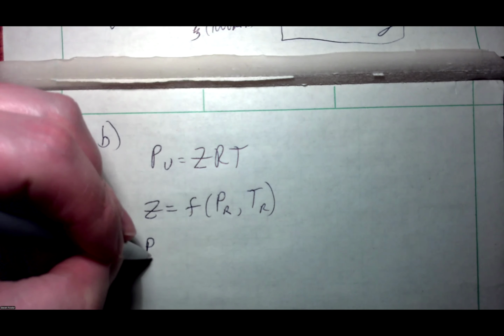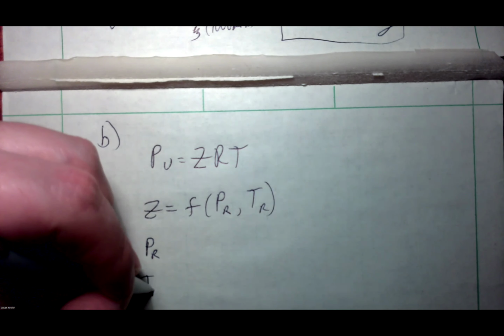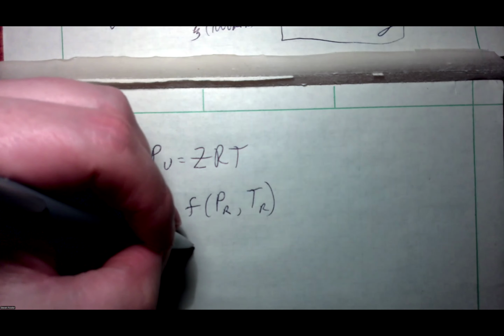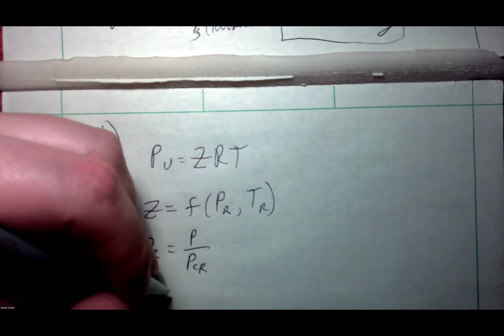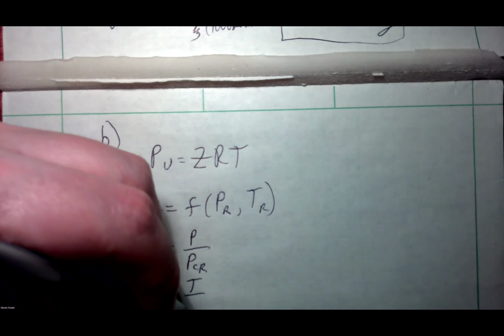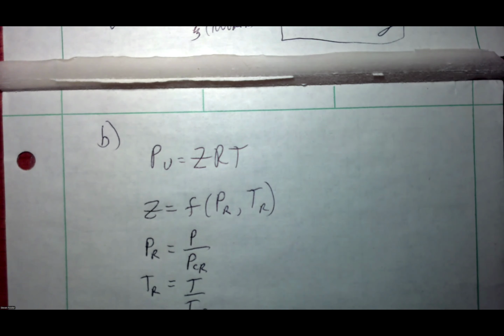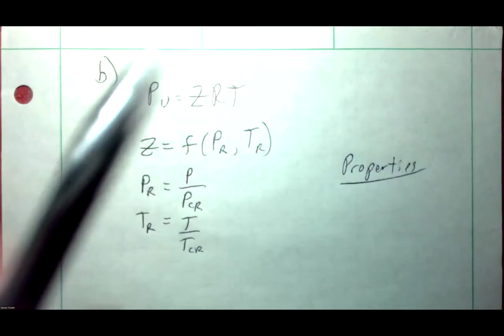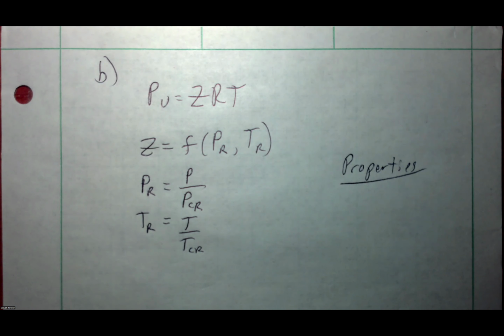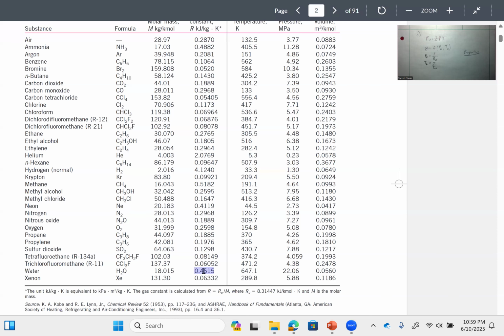Well, how do we find reduced pressure and reduced temperature? We find these based off of our given pressure divided by the critical point pressure, and our temperature divided by the critical point temperature. Where do we find these? Well, go look for properties, and we find those the same place that we found the R value.